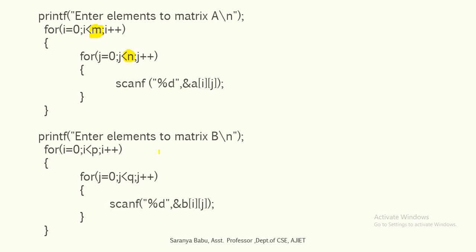Similarly, we are taking the elements of the matrix B. One small change here is that the order of the matrix B is P and Q. That is, P is the number of rows and Q is the number of columns.